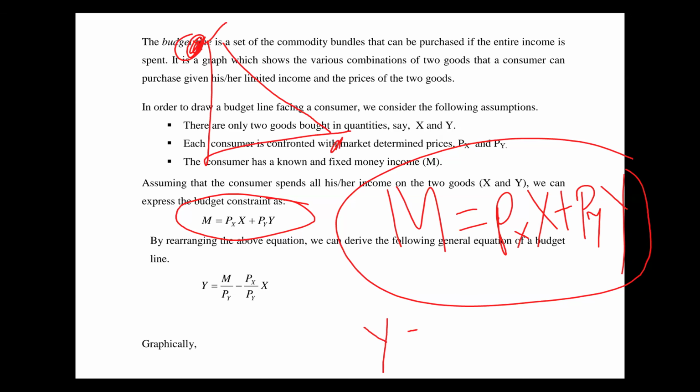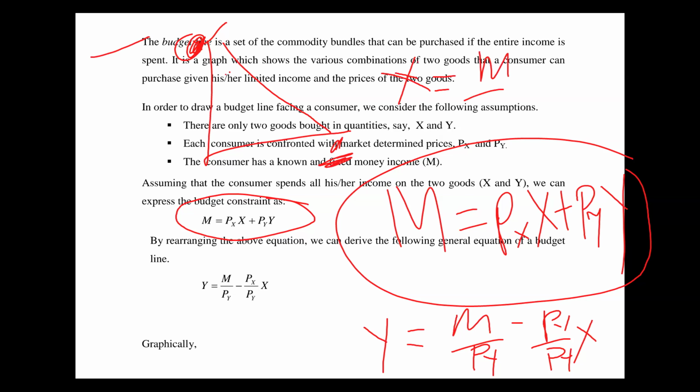For Y, it will be given as income divided by the price of good Y minus the price of good X divided by the price of good Y times good X. That automatically will give us the intercept on Y. And if you do the reverse, which is X, it will give us the intercept on X, which will be income divided by the price of X minus the price of Y divided by the price of X times Y, the quantity of Y here.